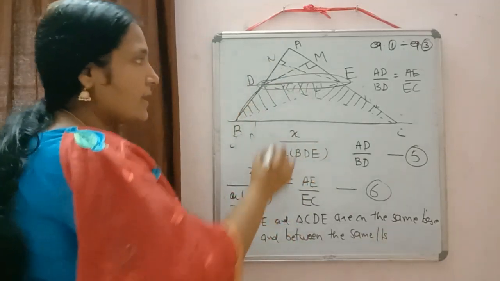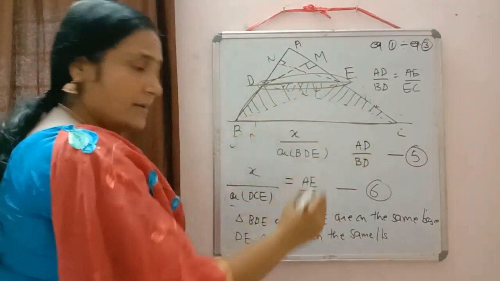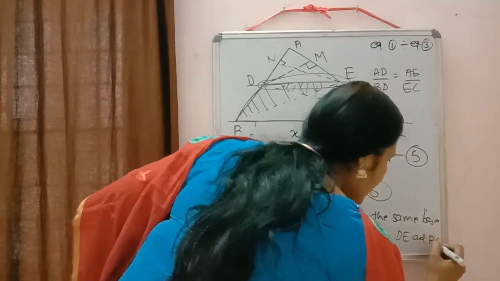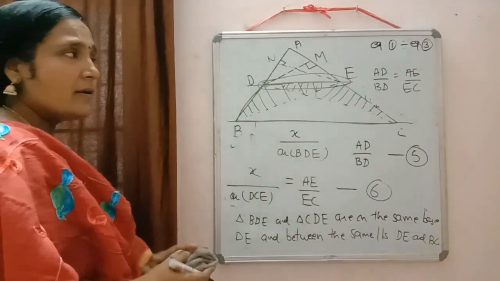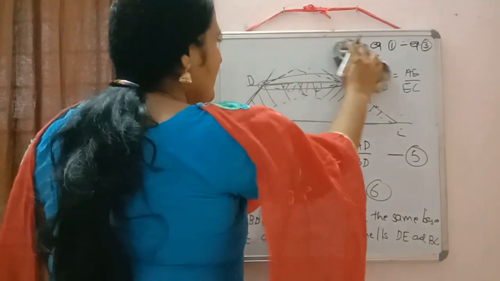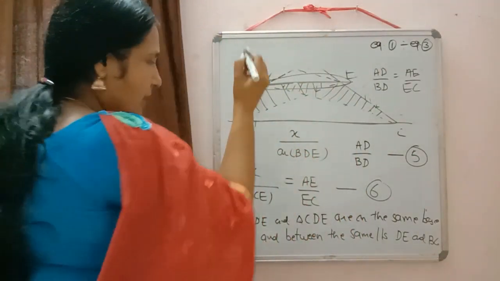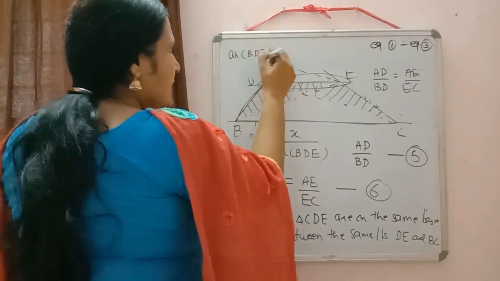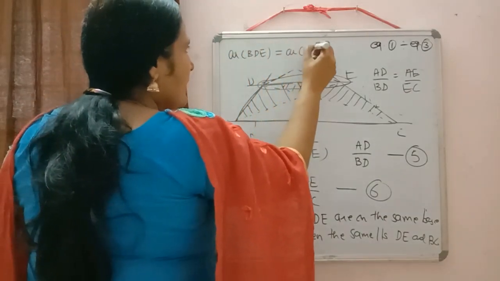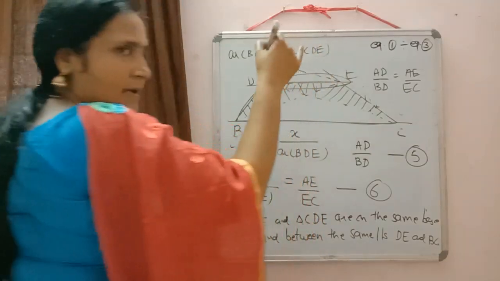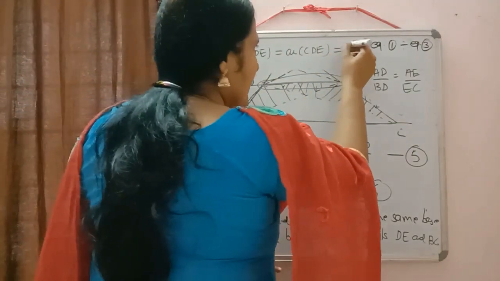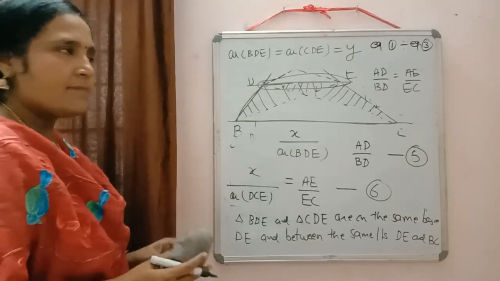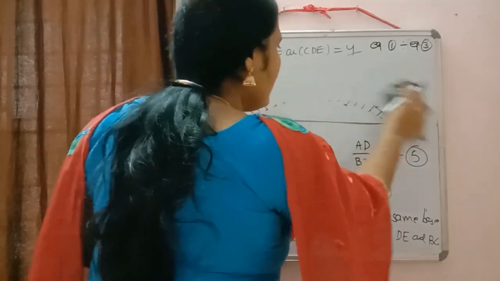What are the two parallel lines we have? DE and BC. Therefore, area of triangle BDE will be equal to area of triangle CDE, and both are equal to y.